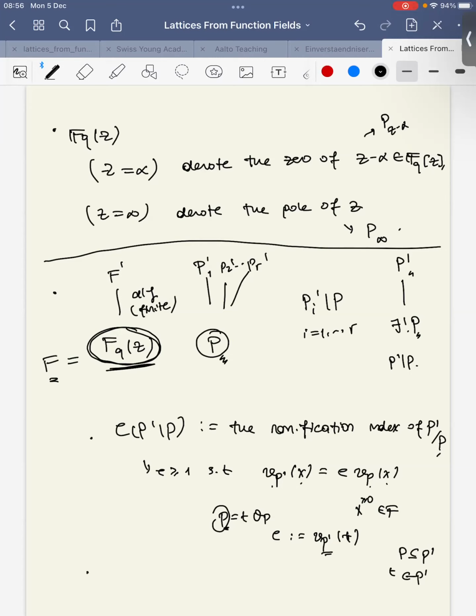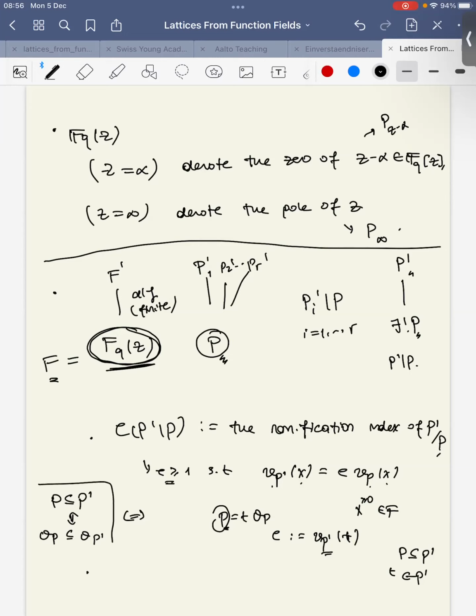And the other important invariant, or the quantity which relates the places P and P prime, was the relative degree, or the inertia degree. We have seen that P is a subset of P prime if and only if their corresponding discrete valuation rings satisfy these inclusions as well, or if and only if we have such a non-negative integer e.